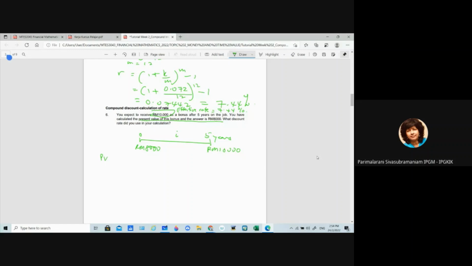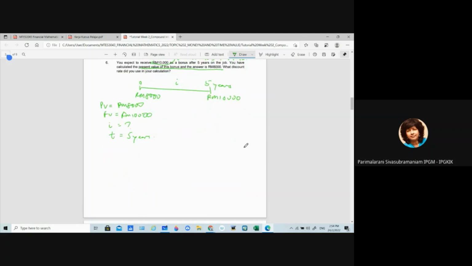From here, we know the present value is 8,000. The future value is 10,000. The rate we don't know, we want to calculate. T is 5 years. Knowing all this, using our future value formula, FV equals PV times 1 plus i to the power of n.